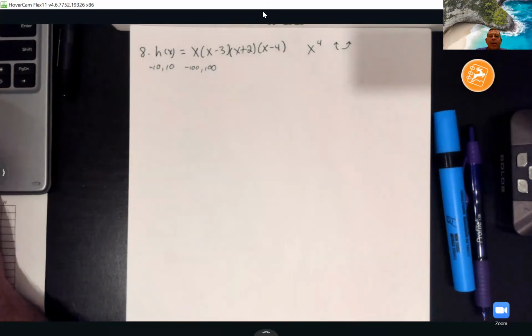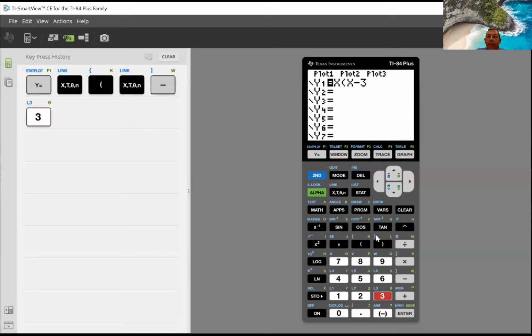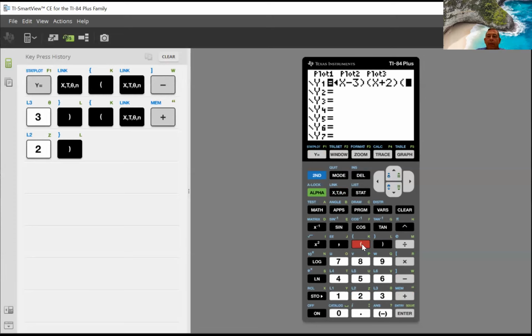So I'm going to share my calculator real quick. I'm going to go to y equals, and I'll put in the x times x minus 3 times x plus 2 times x minus 4.